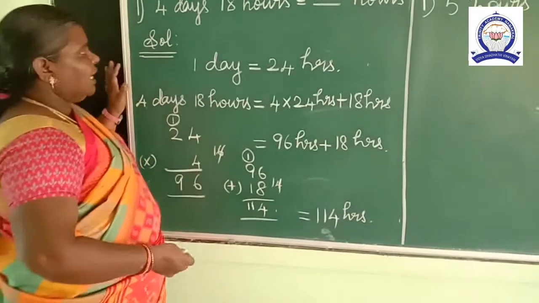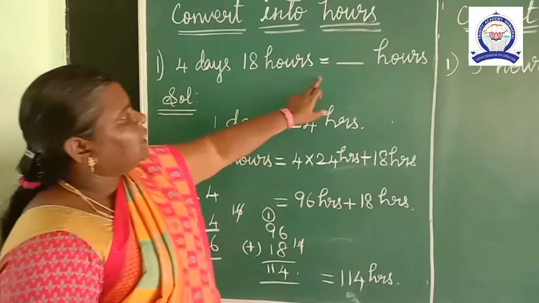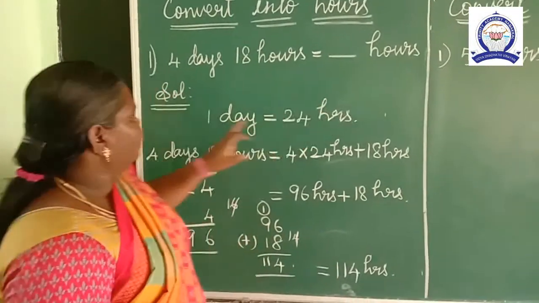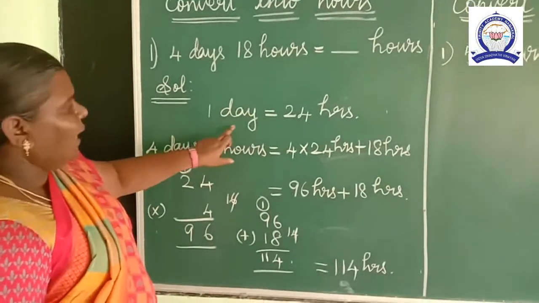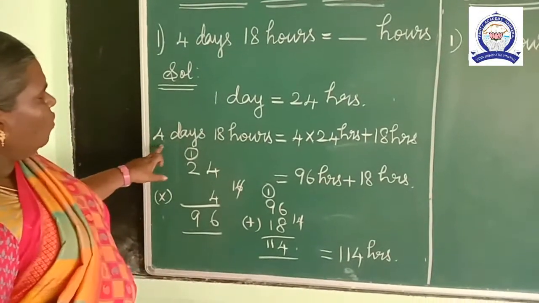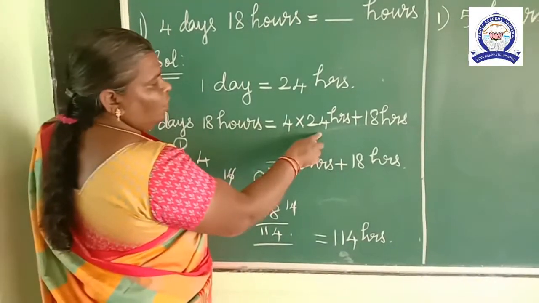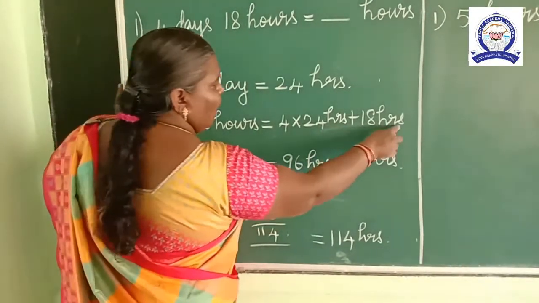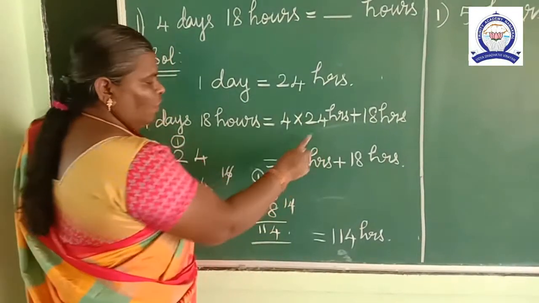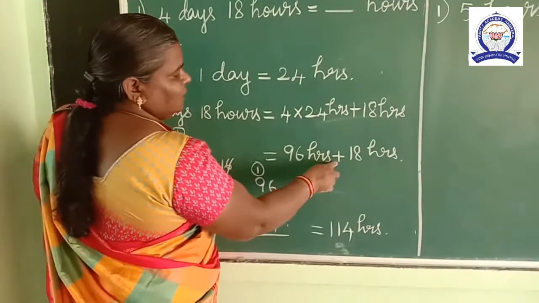I say again, children. What is the given sum? 4 days, 18 hours equal to dash hours. First you write 1 day equal to 24 hours. 4 into 24 hours plus 18 hours. 4 into 24, we get the answer 96. 96 hours plus 18 hours.